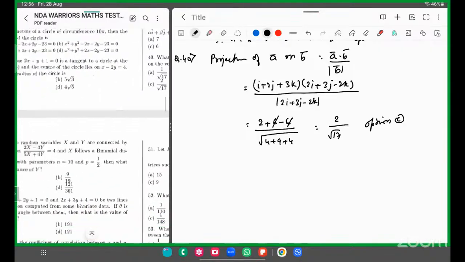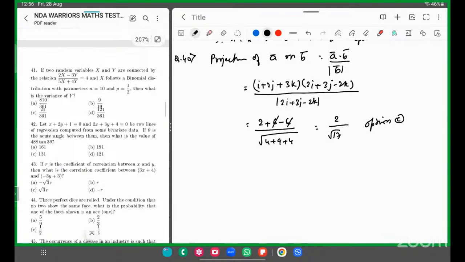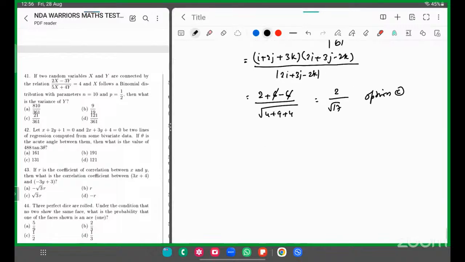Question 41. If two random variables X and Y are connected by the relation, X follows a binomial distribution, then what is the variance of Y? Okay. Question number 41.